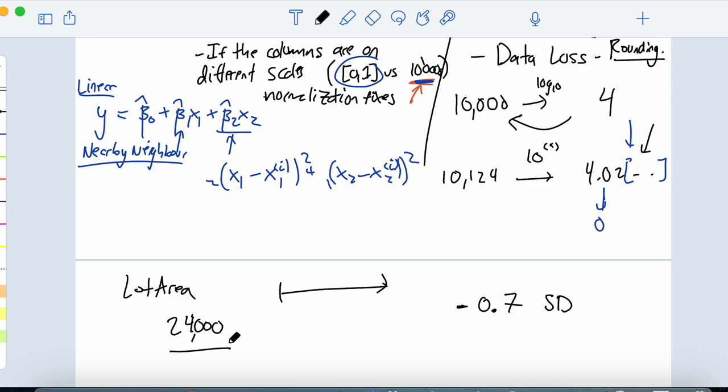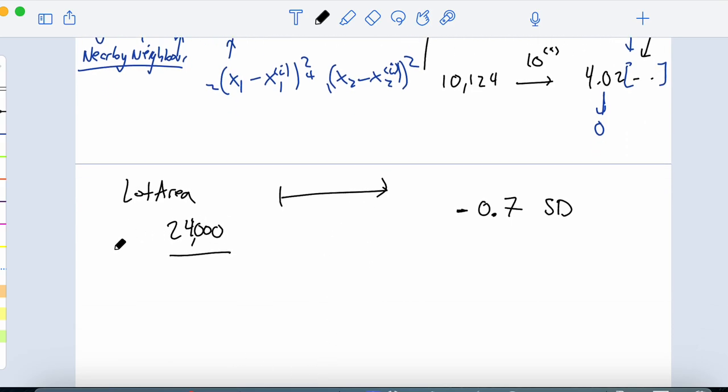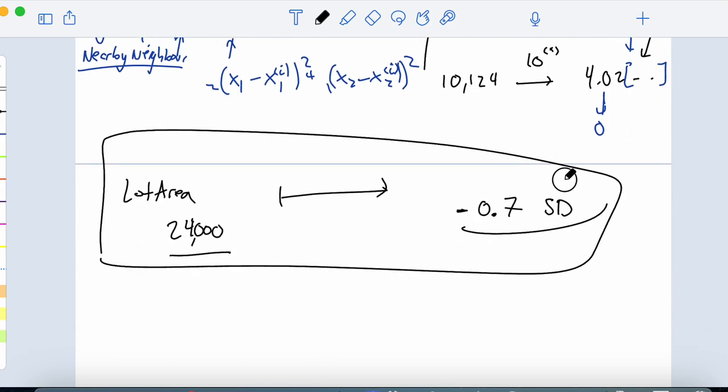Another thing that will be confusing is when you go to take the test set, and I think this is the biggest place this comes up. So you did this lot area thing, you have a formula that works in terms of standard deviations. And you've done the whole model, you've picked out your best model, these are the features, the whole model is all set up. And then you go to the leaderboard to submit your model, and you download the test data set. And in the test data set, there's some house that has 55,000 lot area.